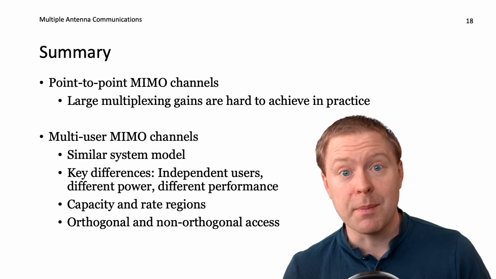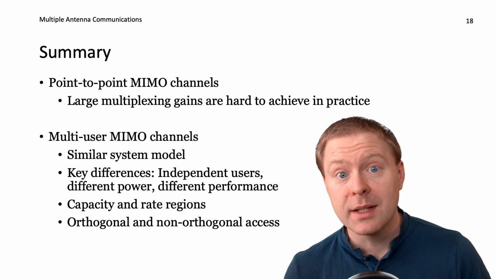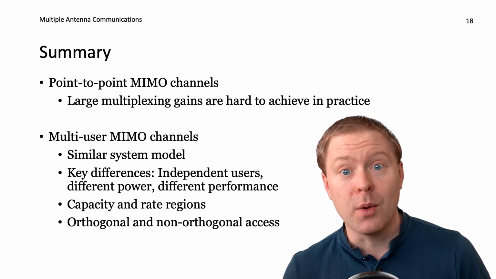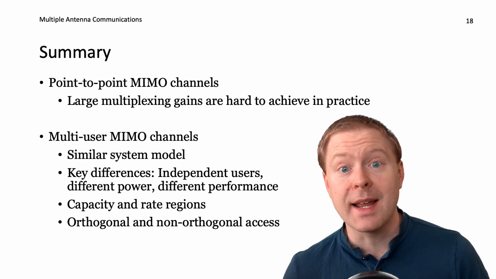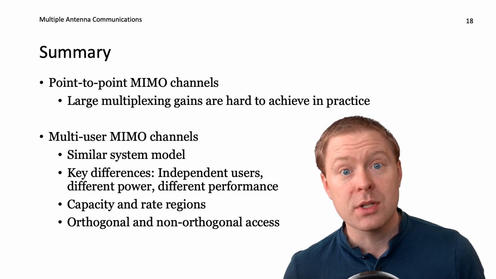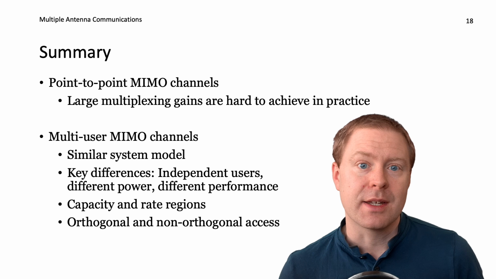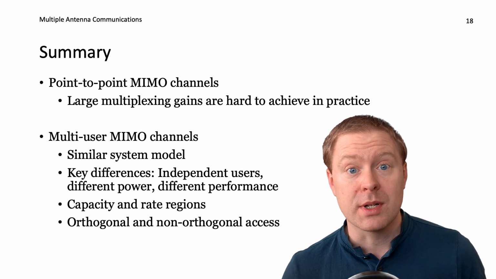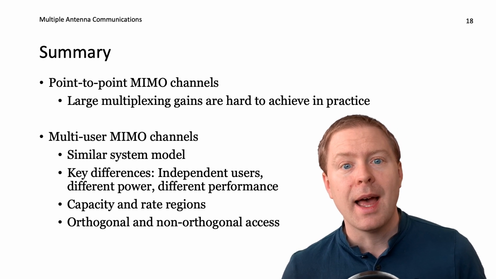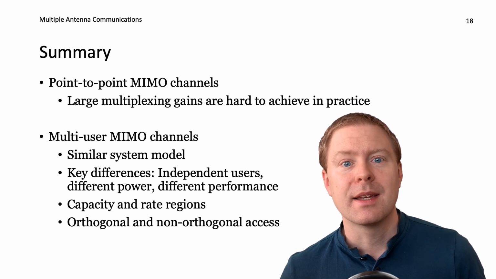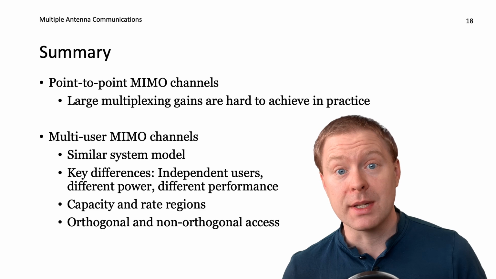The users are independent of each other, they are not collaborating, they are having different transmit powers, and they have different performance metrics. We can capture this using a capacity region or rate region where there are different operating points, and we can look at the trade-offs between orthogonal transmissions, where we serve one at a time, and non-orthogonal transmissions such as spatial multiplexing, which is delivered by having different beams for different users.